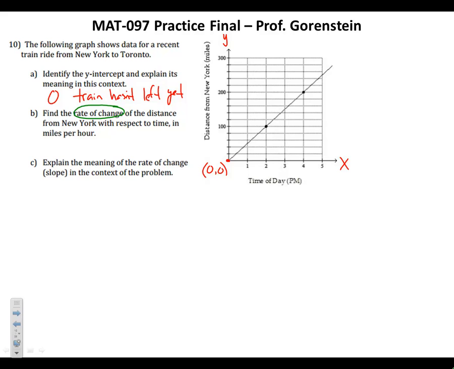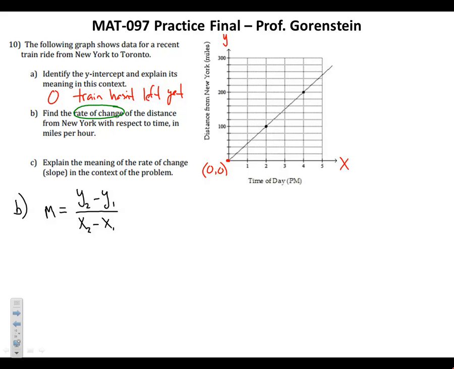So those two terms are interchangeable. Rate of change is slope. So the rate of change, or the slope, is the difference in the y-coordinates divided by the difference in the x-coordinates.